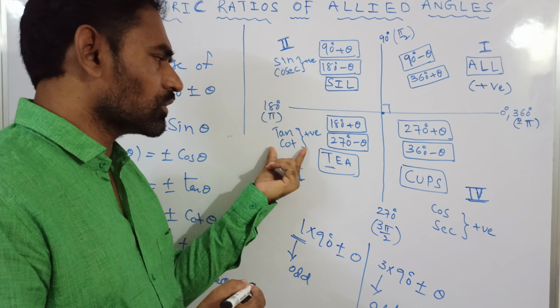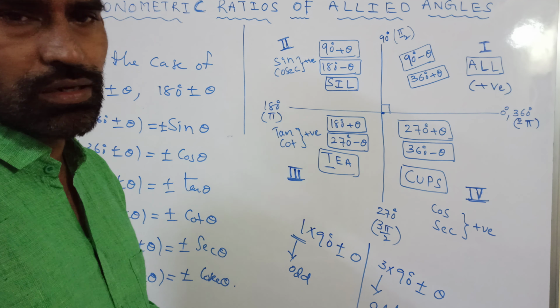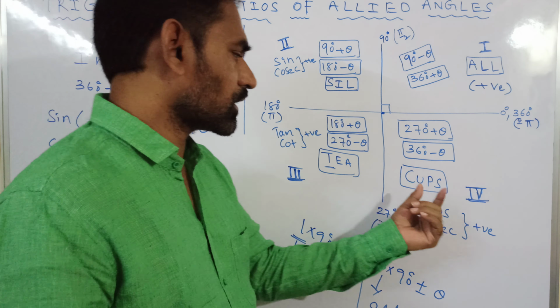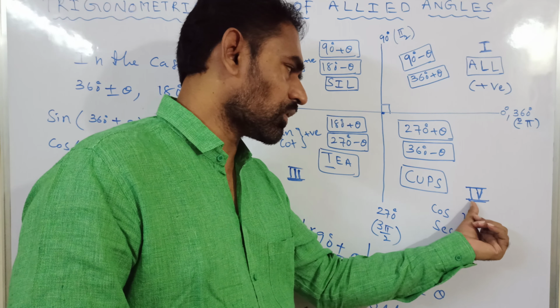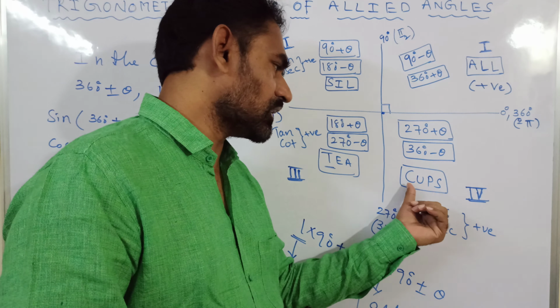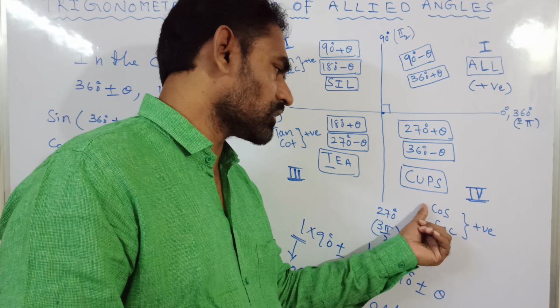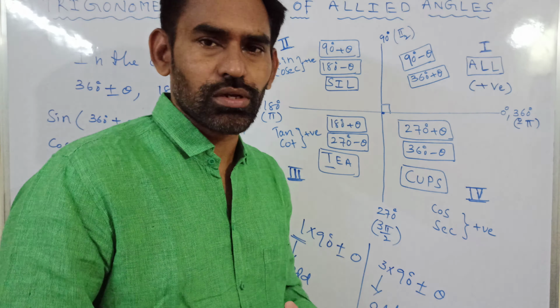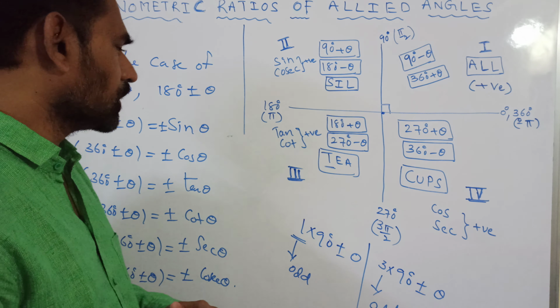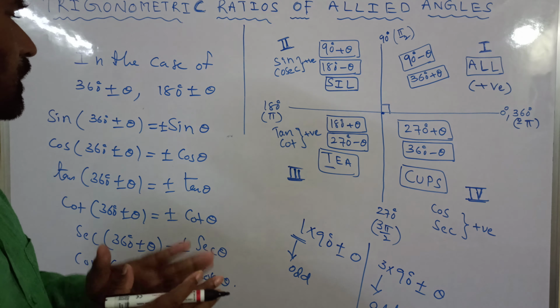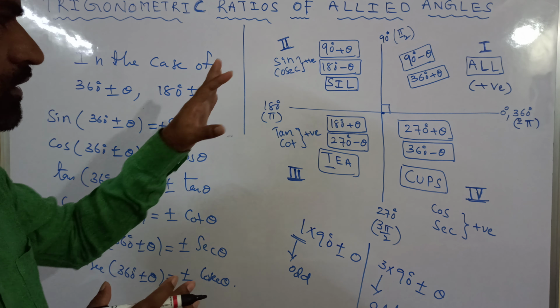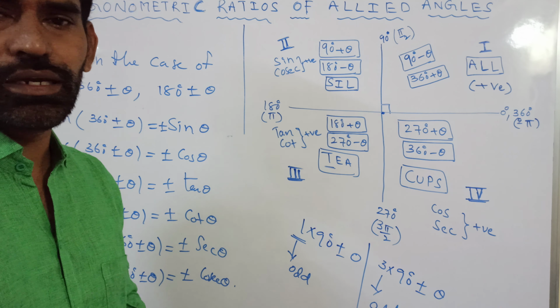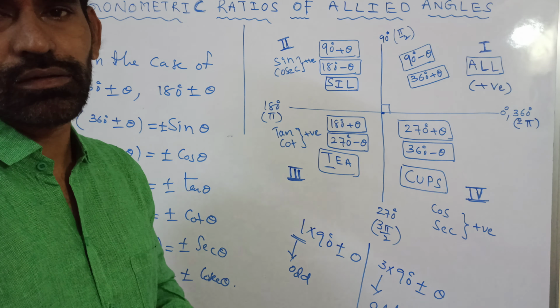These two are positive, the remaining 4 ratios are negative. Similarly, in the fourth quadrant, C, cups, C means cos, cos reciprocal secant. These two are positive, the remaining 4 ratios are negative. So we have to decide the signs on the RHS depending on which quadrant the given angle lies in, that is important.